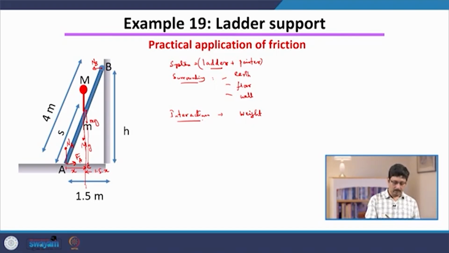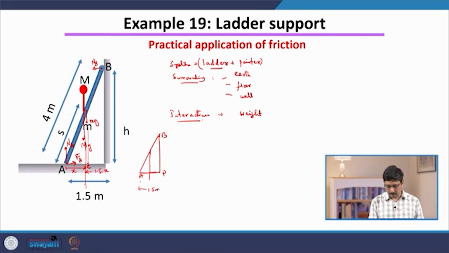So, if I draw this picture clearly, this is 1.5 meter, this is the ladder, then this is the midpoint, and then by geometry it intersects the floor at the midpoint of the distance from A, let us call that P, midpoint of B. So, AP is 1.5 meter.